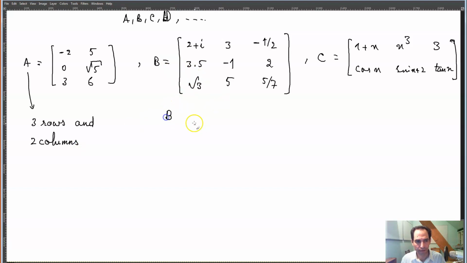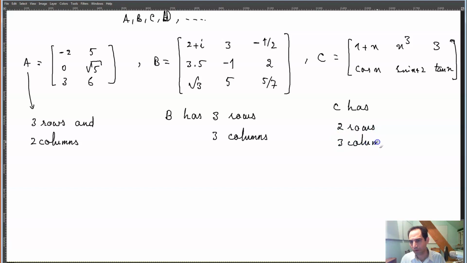B has 3 rows and 3 columns. And C has 2 rows and 3 columns.